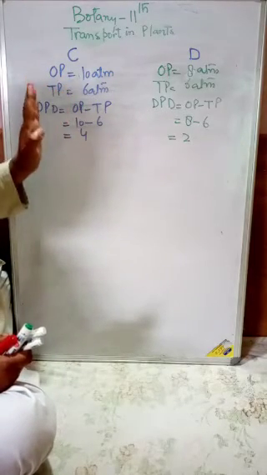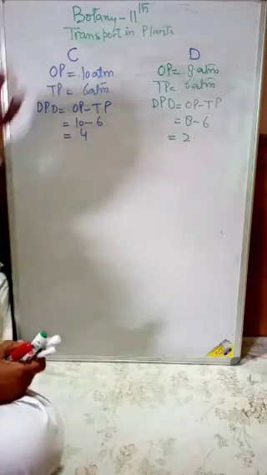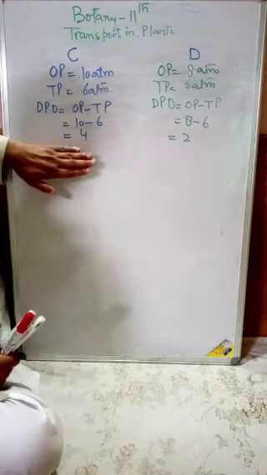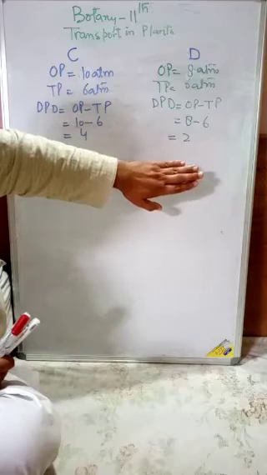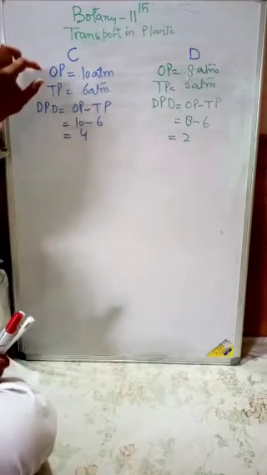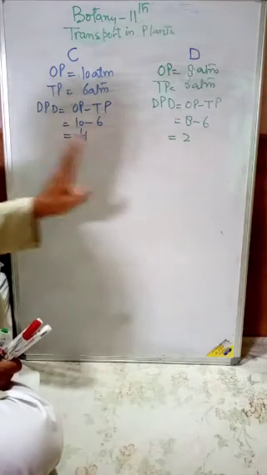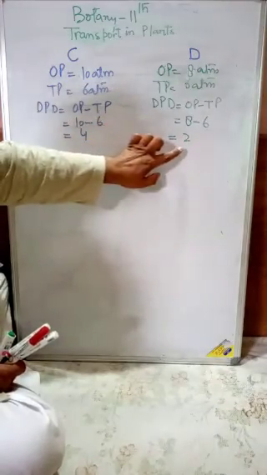Here in cell C and cell D, the DPD of this one is 4, and the DPD of the other is 2. Now both of them have got the same turgor pressure. In the first instance the DPD is 4 and the other DPD is 2 only.